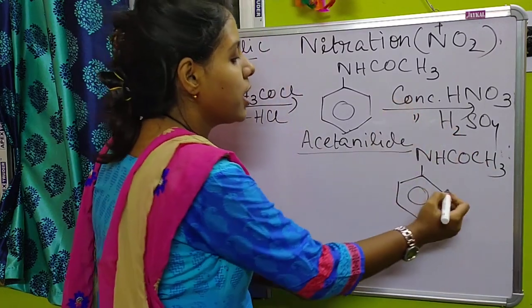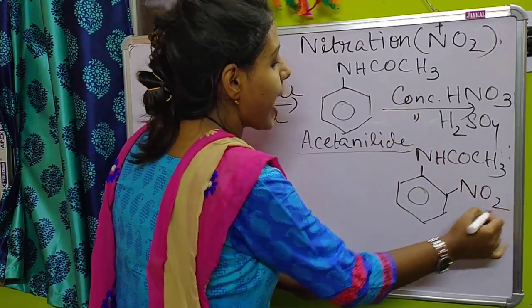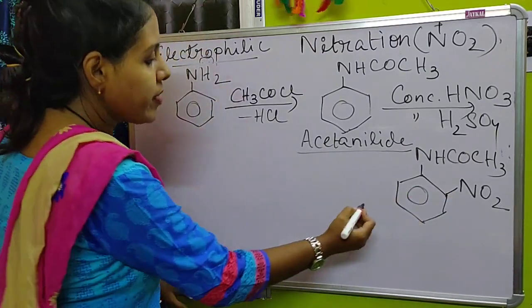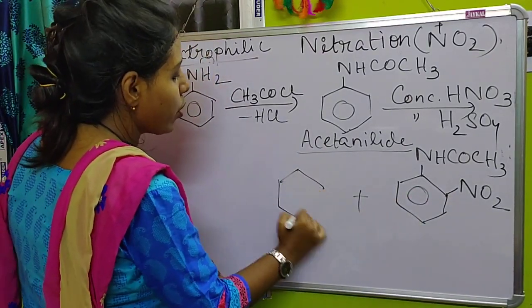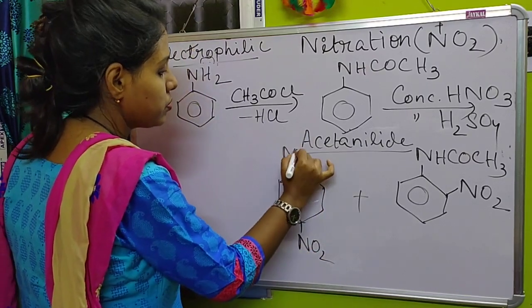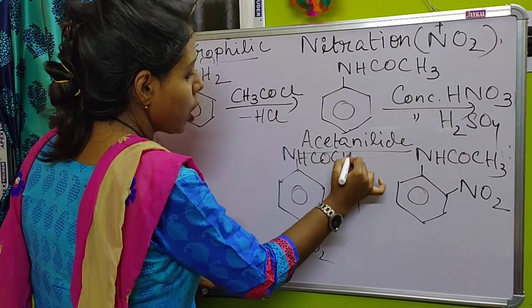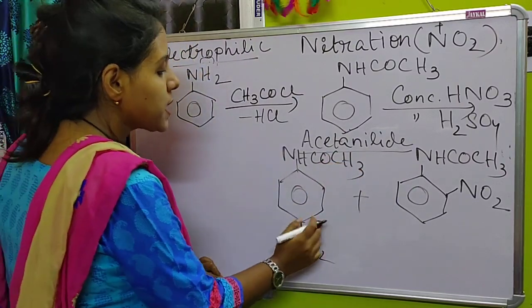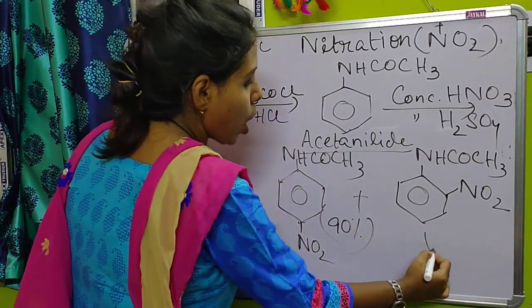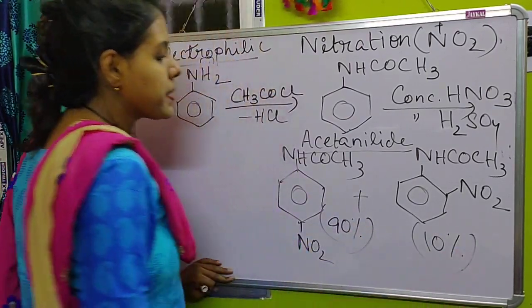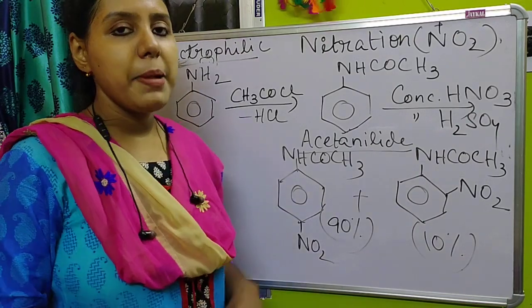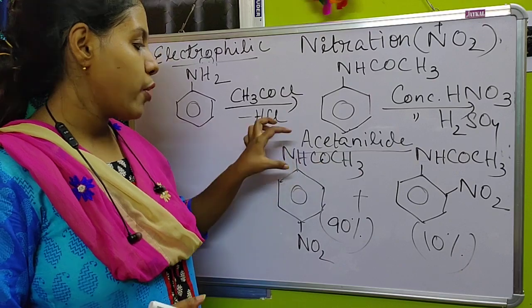NHCOCH3 will be here, and the nitro group will add in 2 places: at the ortho position and at the para position. Which will we get in maximum amount? The para product we will get in 90% amount and the ortho compound in 10% amount.